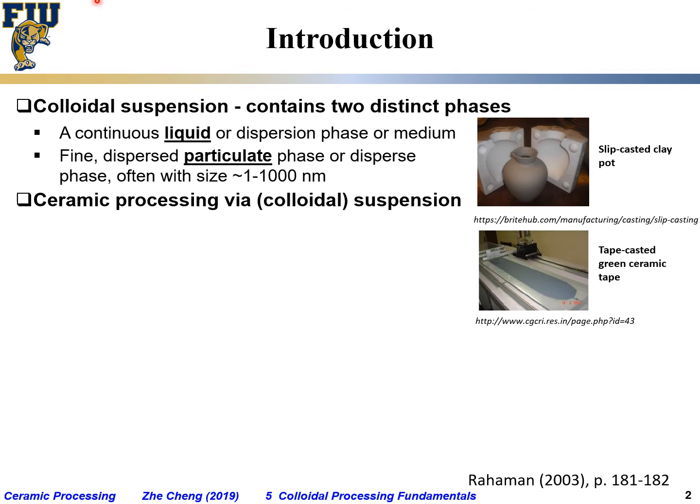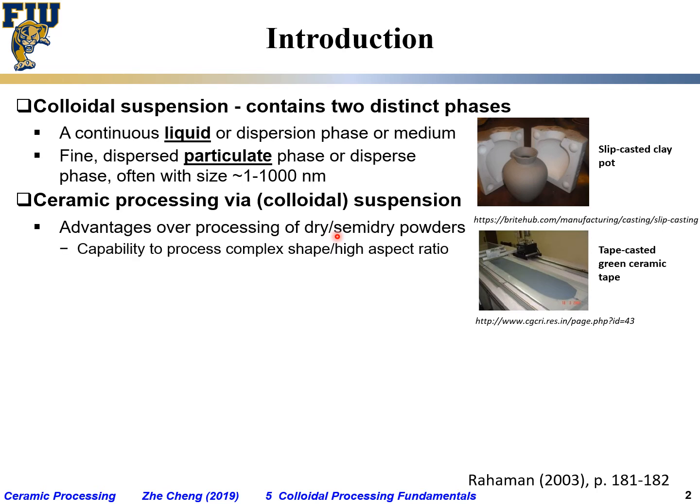And the ceramic processing via suspension. The advantage over other ceramic processing, especially the shaping methods such as dry or semi-dry powders, is very obvious. We would have the capability to process what?